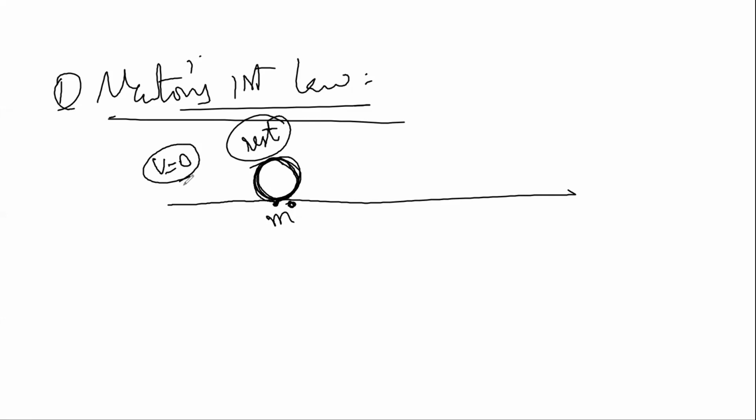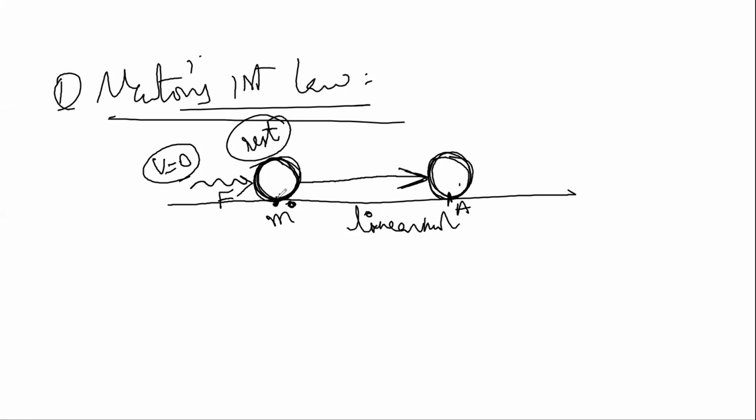But when I supply some energy, like I have applied some force F, then what happens? The body starts moving in this direction. If I consider it's a linear force acting on it, linear motion. So the body gets displaced from this point O to A. This means there is some force acting on it which made this body move from this place to this place.